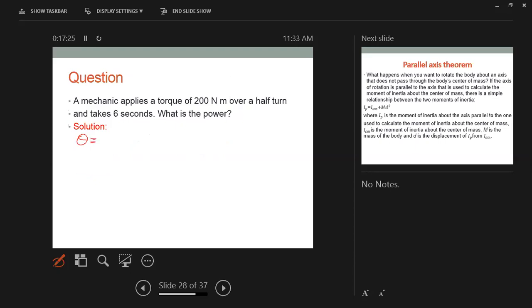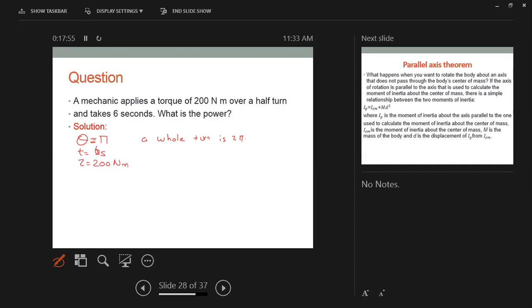Normally, a whole turn is 2 pi, or one revolution is 2 pi. So that means a half turn will be pi. And we have a time which is 6 seconds, and we have torque which is 200 Newton meter.